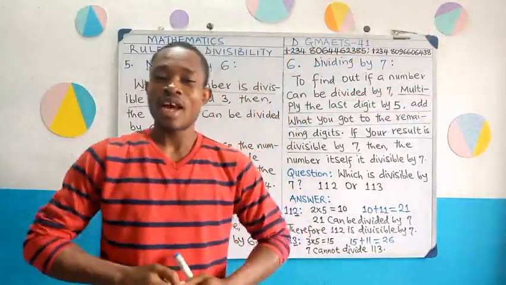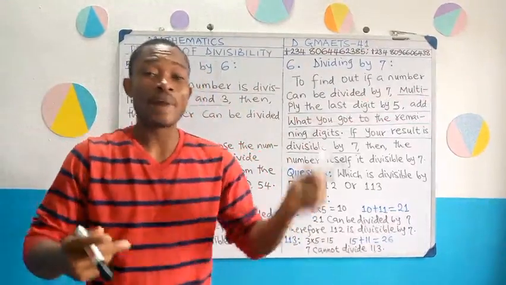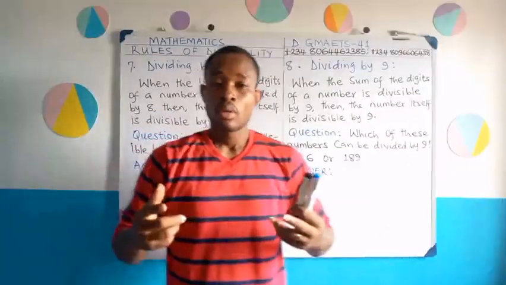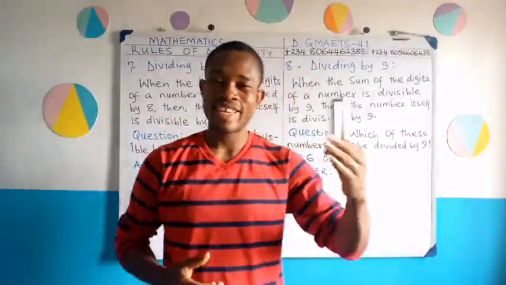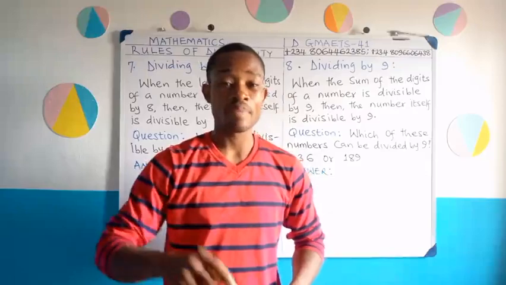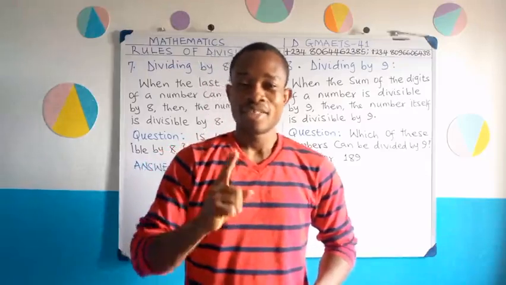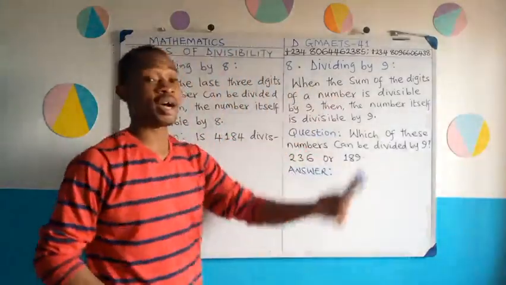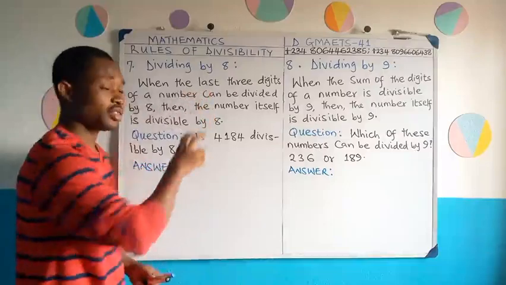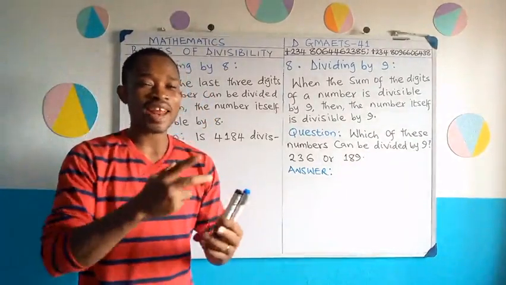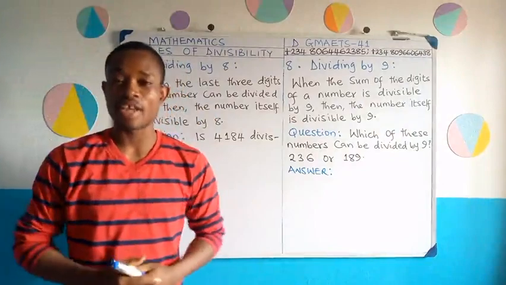Now we'll be looking at the divisibility rule by 8 and 9. When can we say that a number can be divided by 8 and that a number can be divided by 9? We have the rules on the board. Dividing by 8 and dividing by 9. Let's look at that of 8. A number can be divided by 8 if the last 3 digits can be divided by 8.